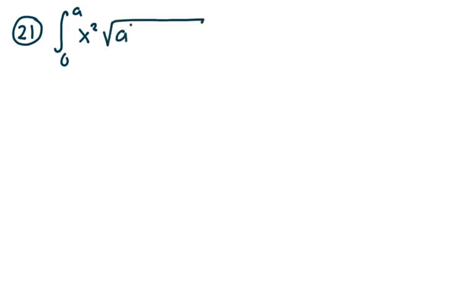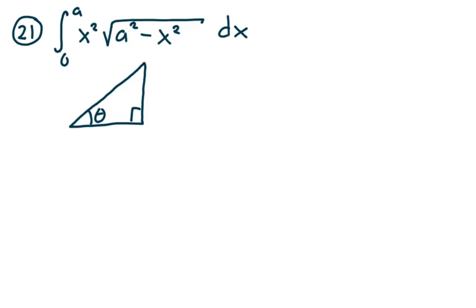I want to talk about 21. If we have the integral from 0 to a of x squared times the square root of a squared minus x squared dx, let's draw a triangle. I'm going to label that angle theta. That's a right angle.